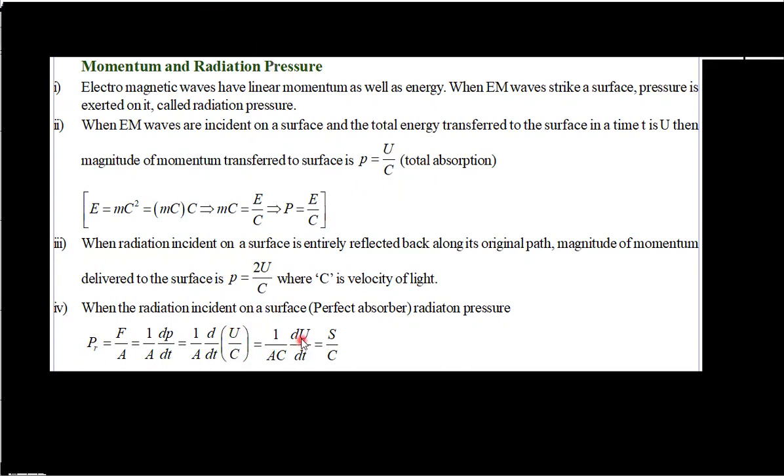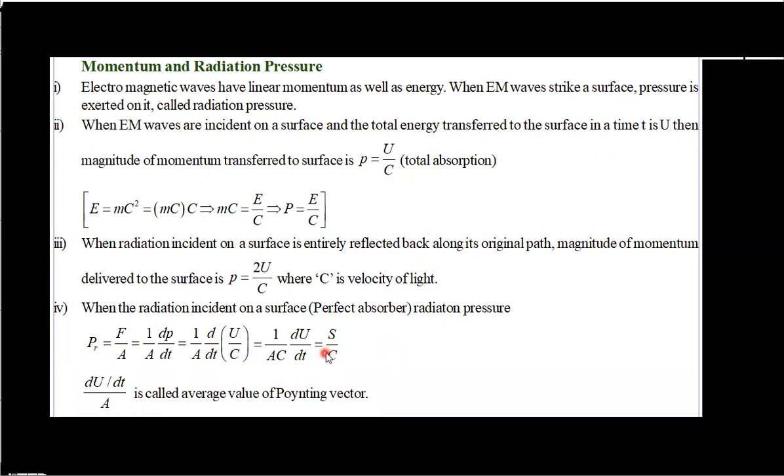You substitute here, and then you are getting dU by dt, and this c also outside, 1 by Ac dU by dt. Now this dU by A dt, this complete part, is nothing but the Poynting vector S, and c as it is, and that's why you are getting radiation pressure is equal to S by c.